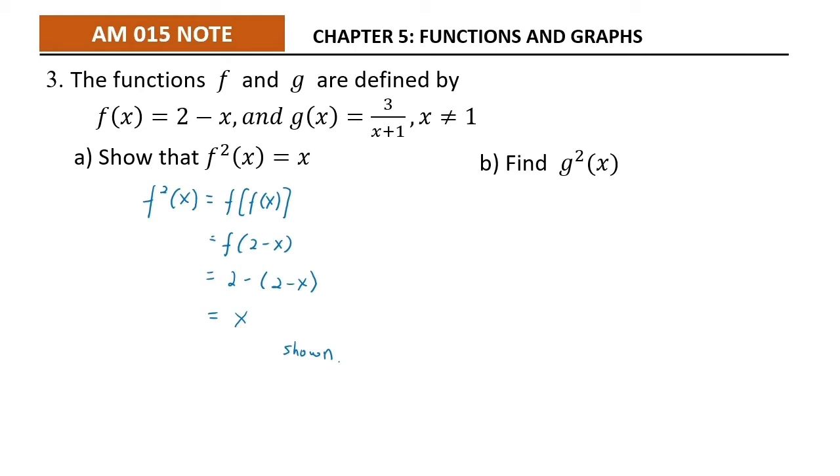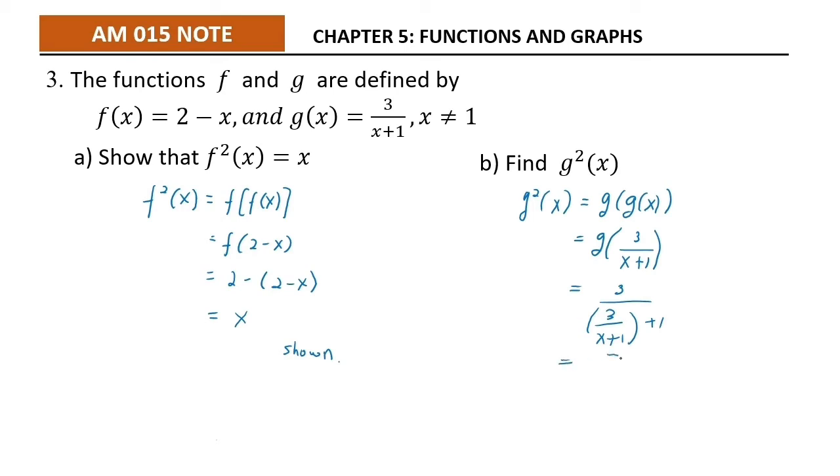Next, find g squared x. So g squared is equal to g of g(x). g is 3 over x plus 1. And then substitute g into g, we have 3 over x is now 3 over (3 over x plus 1) plus 1.